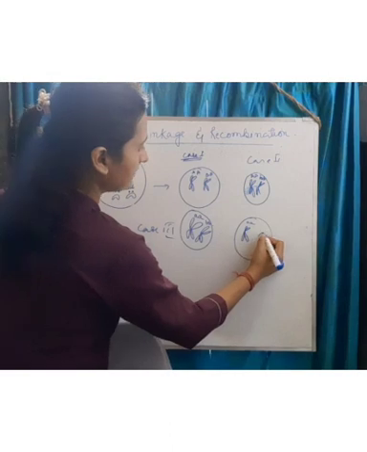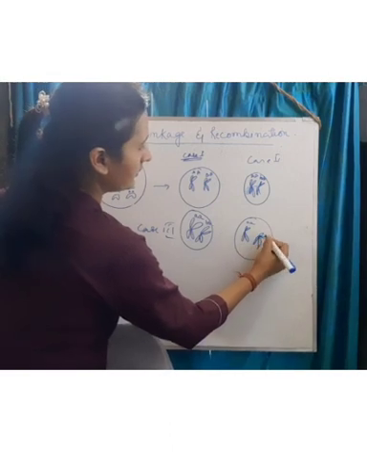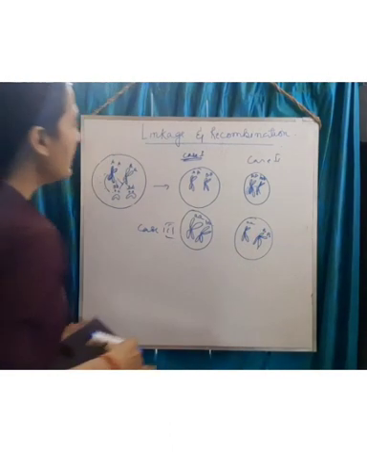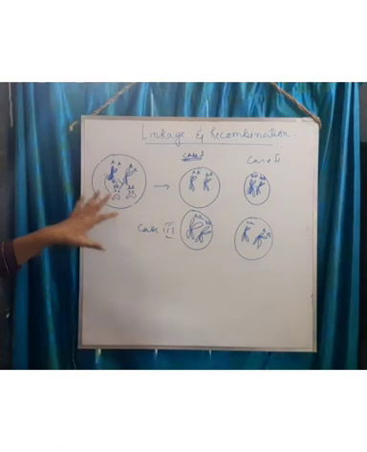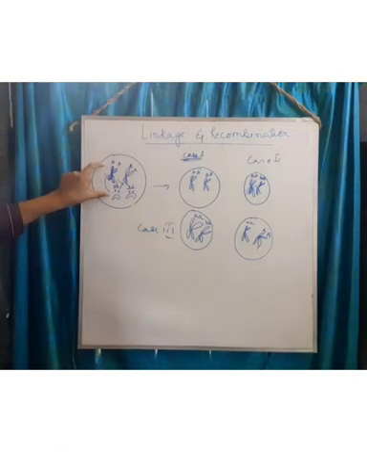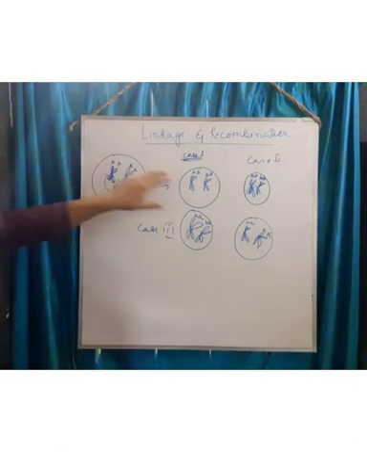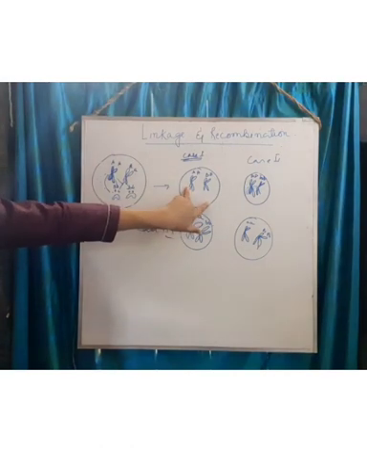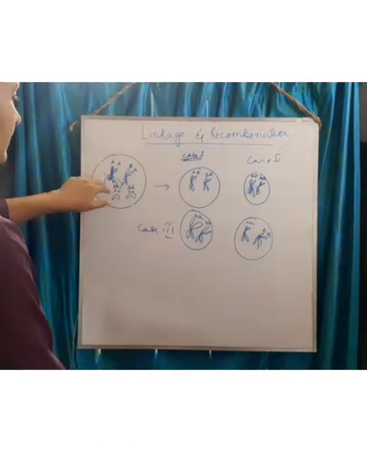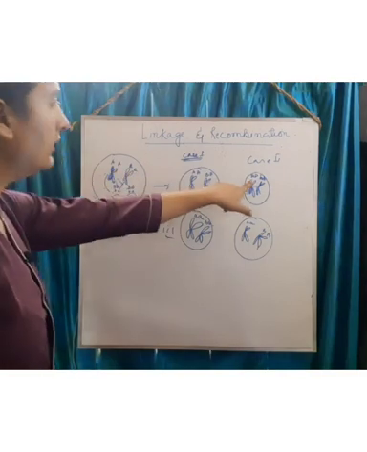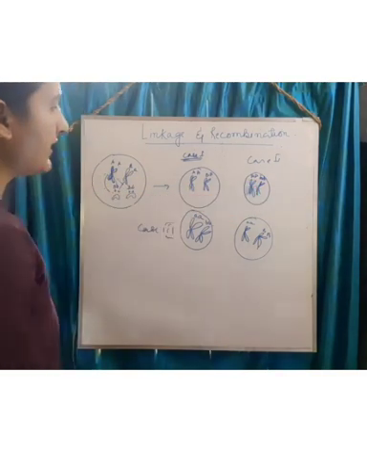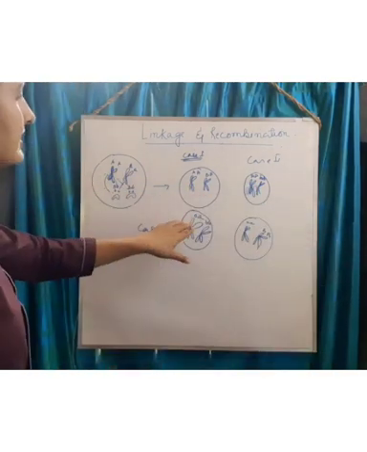Now here you see independent assortment, right? According to this, dominant should have paired up with dominant, only this could have happened. But here you can see dominant and recessive, and the result will be dominant, so you can see the variation.